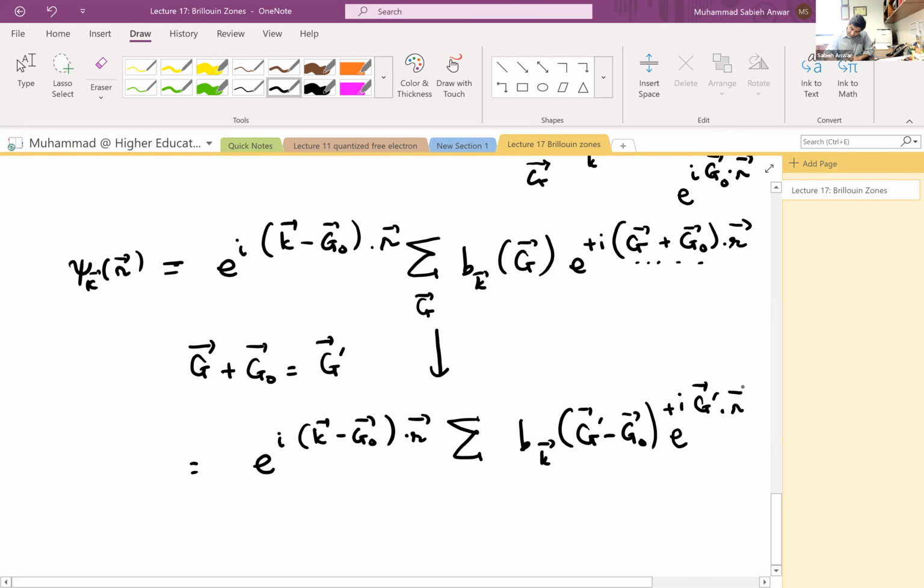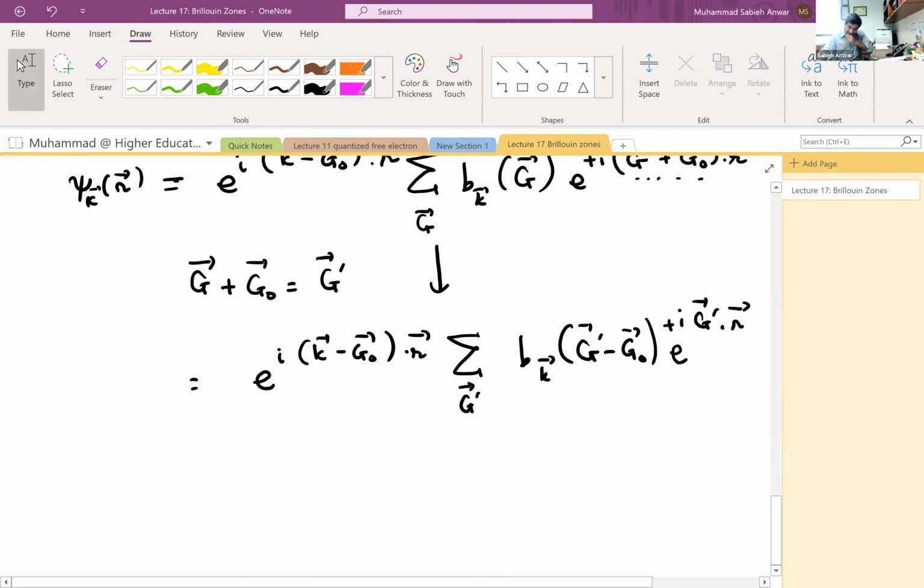And now I can take the sum over G prime, because G naught is just a constant. All right, so now if I look at this expression, this is a Fourier coefficient which depends upon K, and it is computed at G prime minus G naught.